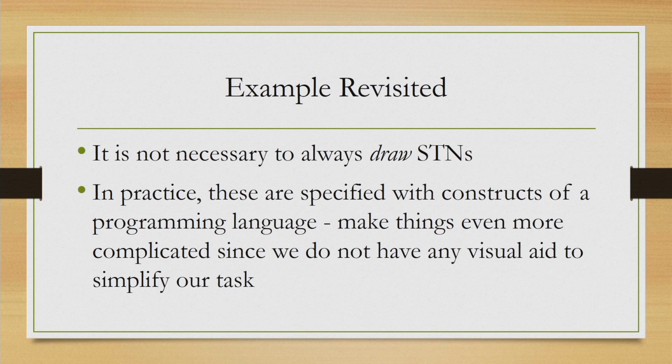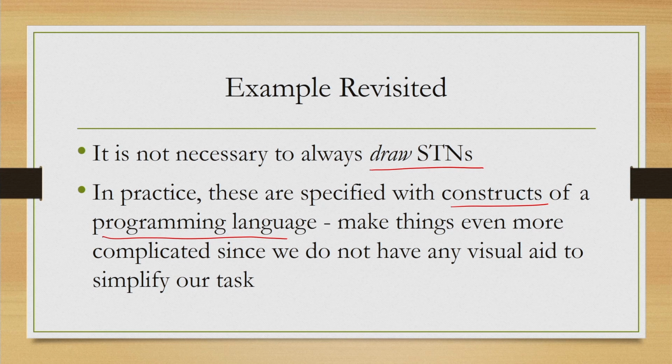You may argue that it is not necessary to always draw STNs. Instead, we can use some programming language construct to specify the STNs and then perform some analysis on this specification. But that itself is not easy.